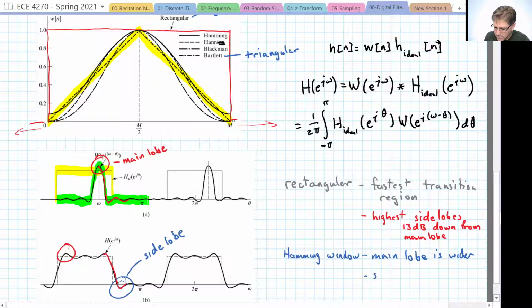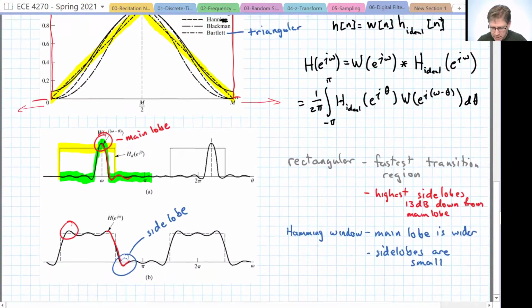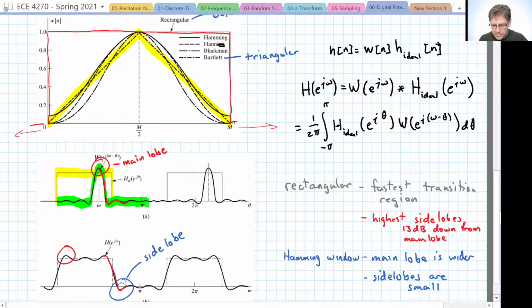But the side lobes are small. So that's just two windows. What about the triangular window? The triangular window is kind of in between the rectangular and the Hamming in terms of its response.